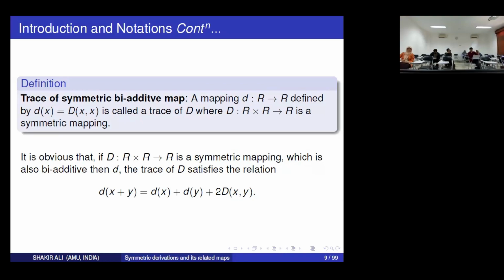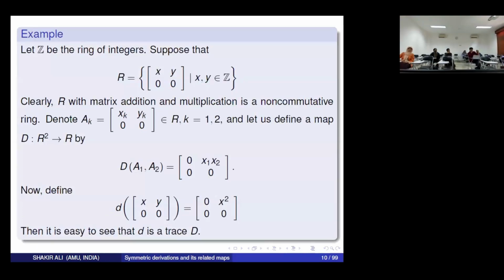Okay. Yes, and then this is a beautiful example for making the subject more interesting. Let R be the ring of integers, the most popular ring. And then this is R. It means we construct R over Z. Of course, then this is a non-commutative ring.